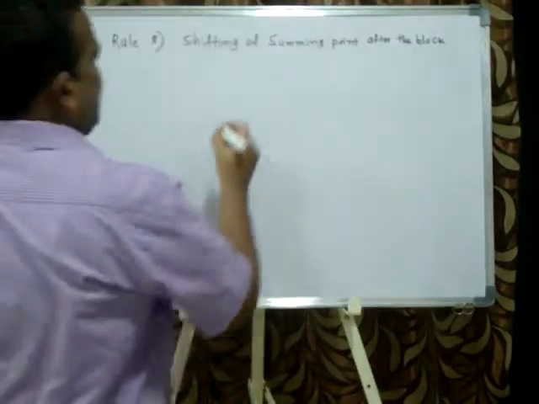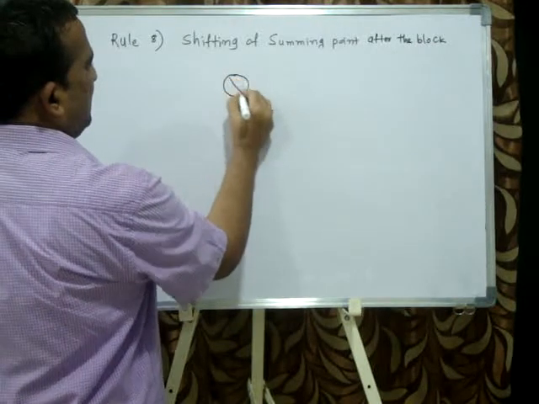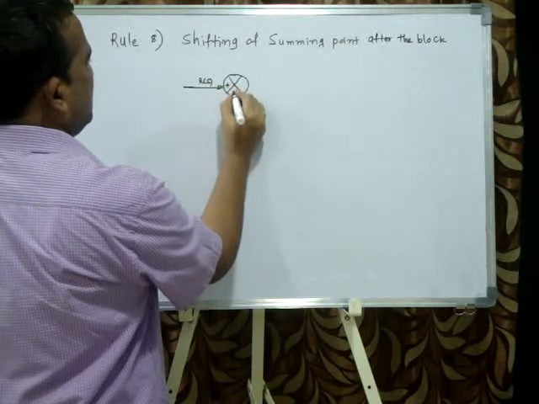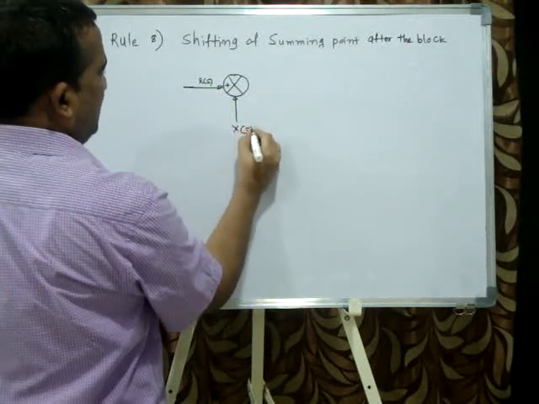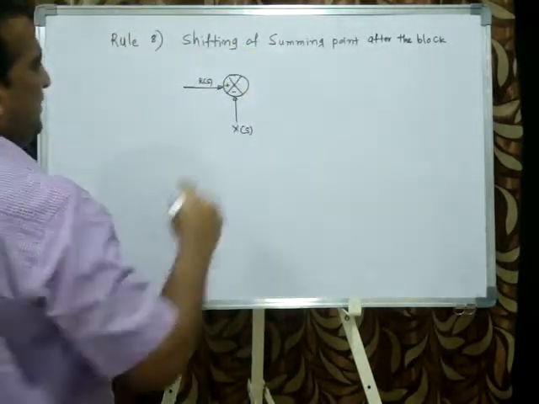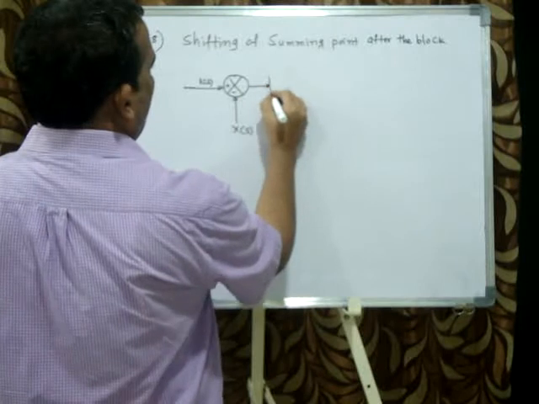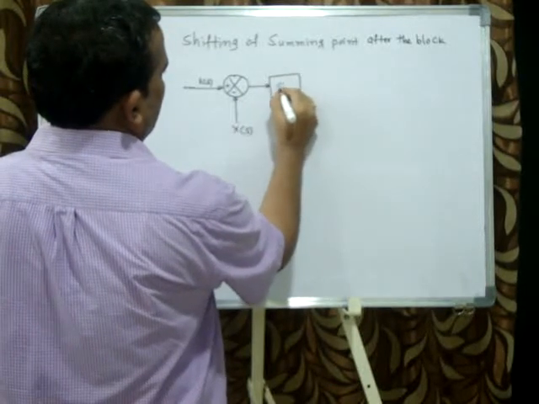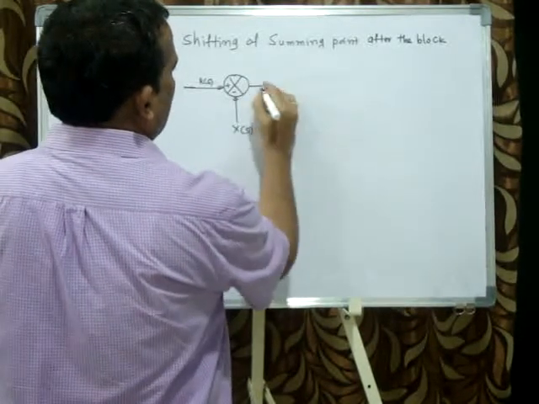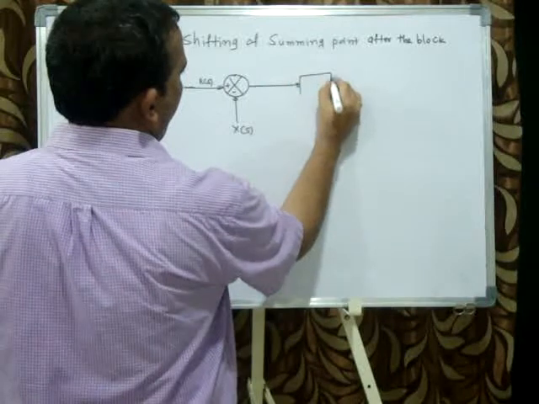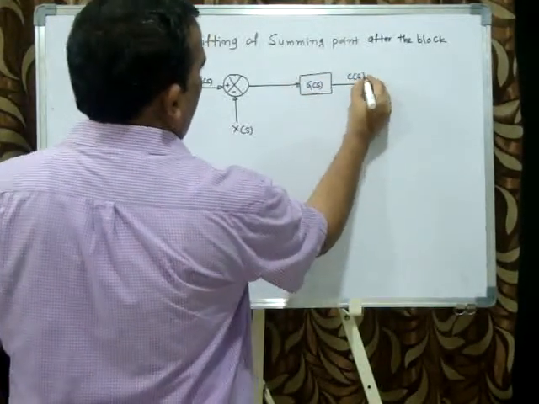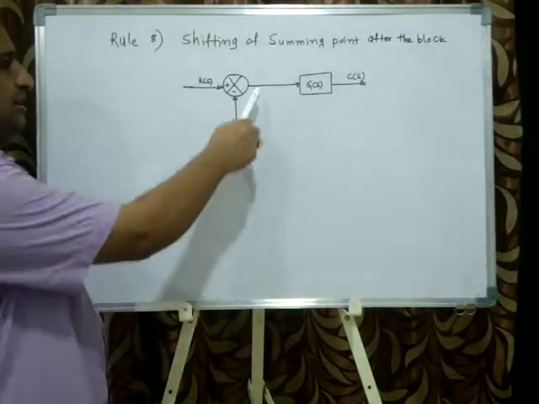Now the present system: R of S, X of S. Okay. Can take minus, no issue. Minus. And here G of S and here C of S. Now here you see what is the output?